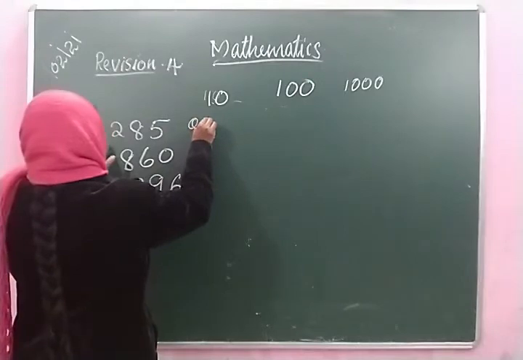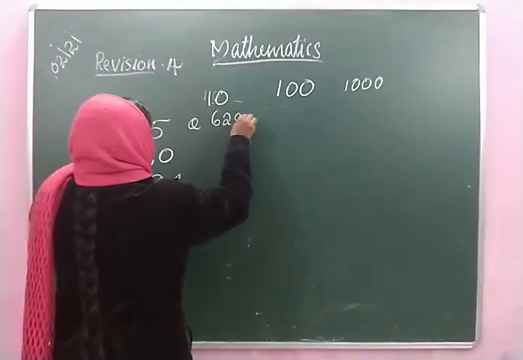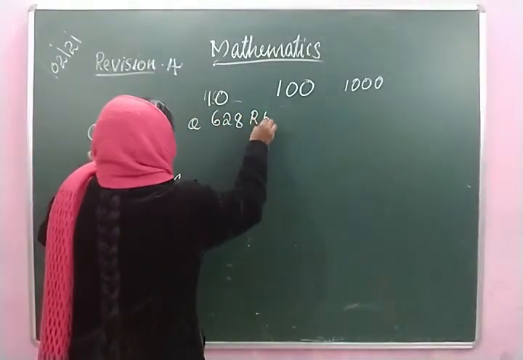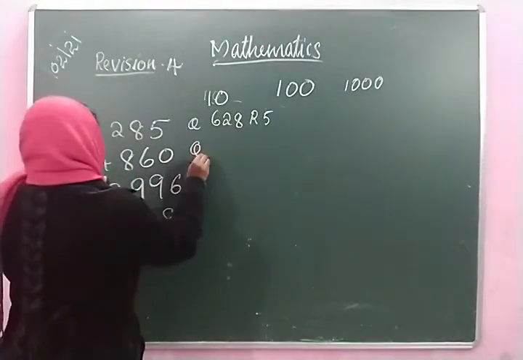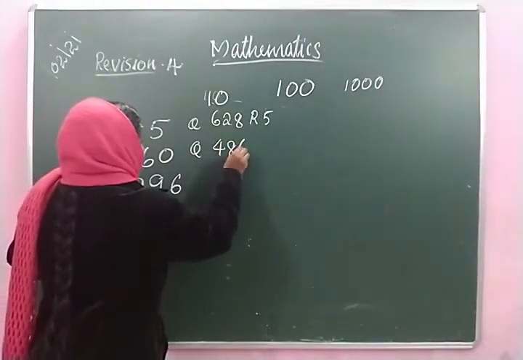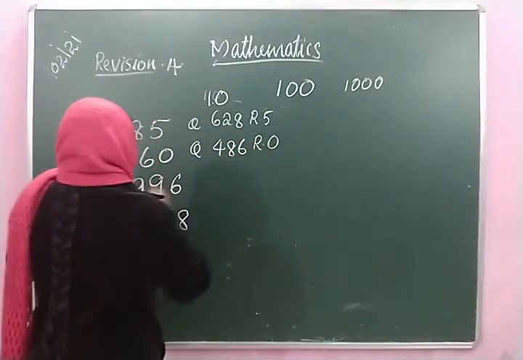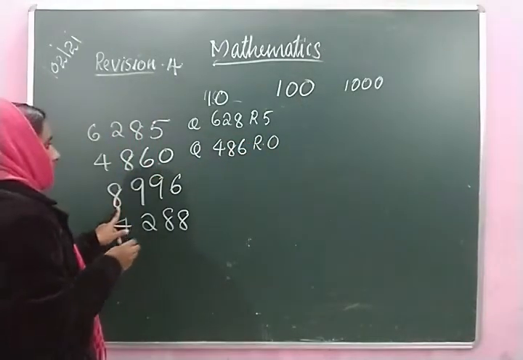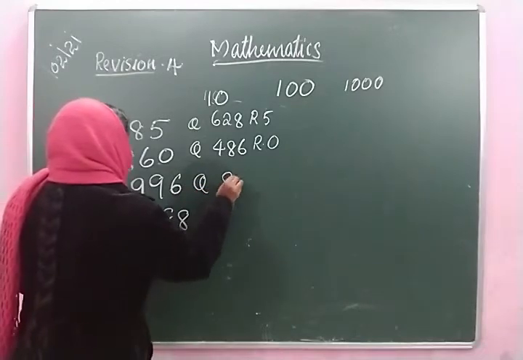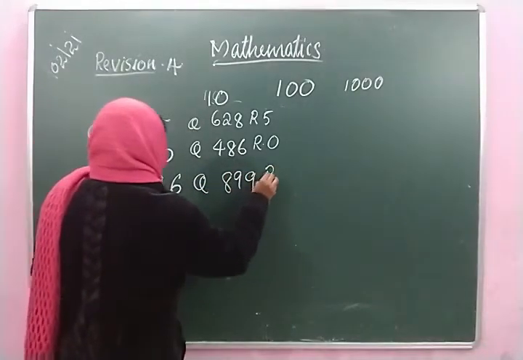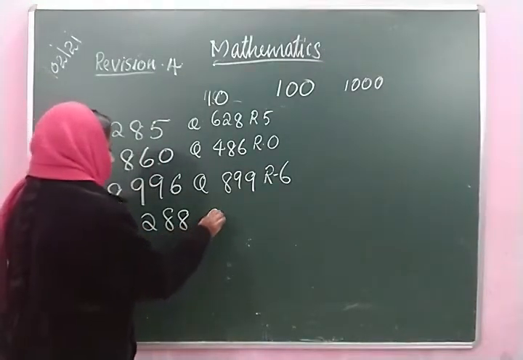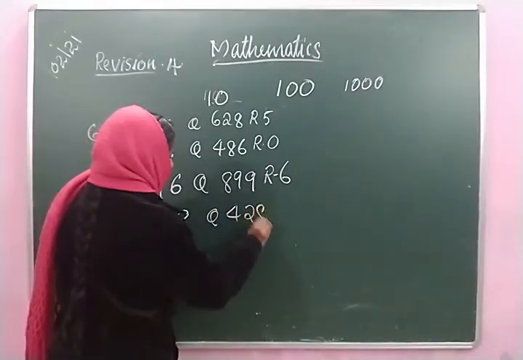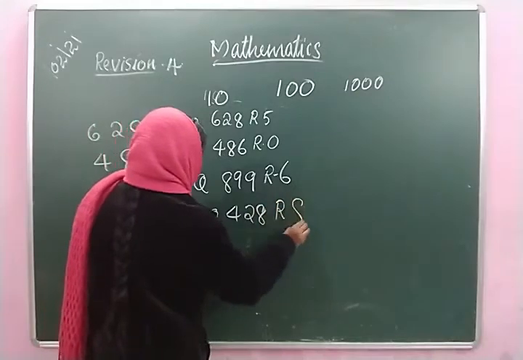Here quotient is 628, remainder is 5. Divide 4860, quotient is 486, remainder is 0. Here quotient is 899, remainder is 6. Here also quotient is 428 and remainder is 8.